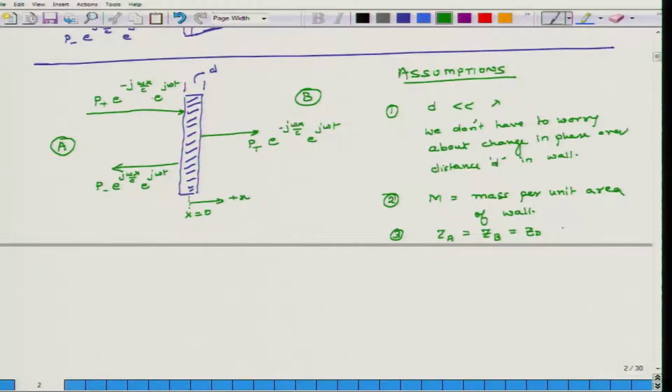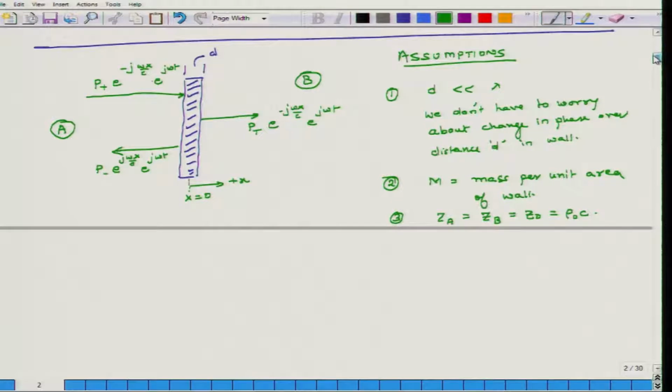So, ZA and ZB are characteristic impedance. The media on side A is the same as media on side B, which means the characteristic impedance on both sides is the same, Z naught, and that is air. It is equal to rho naught c naught, where rho naught and c naught correspond to density and speed of sound in air at STP conditions.